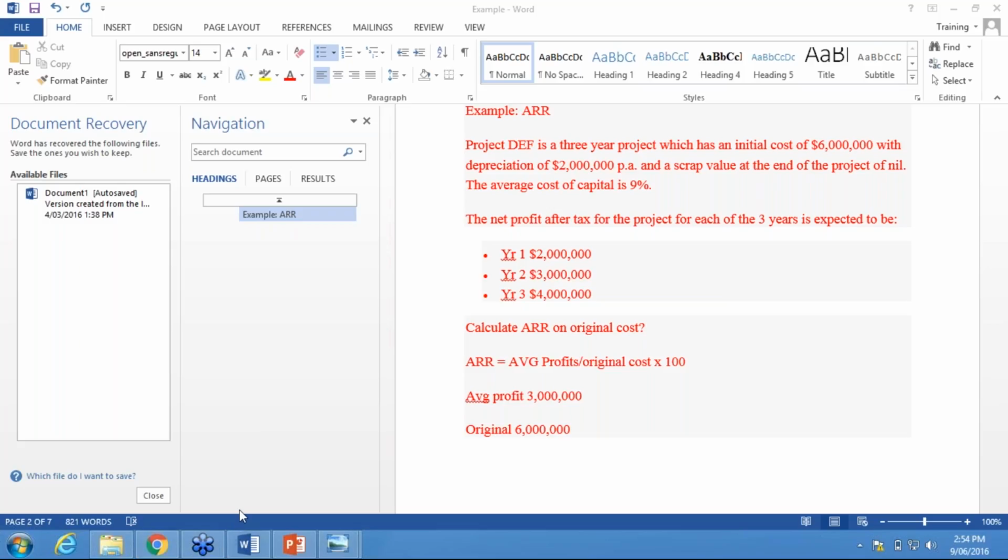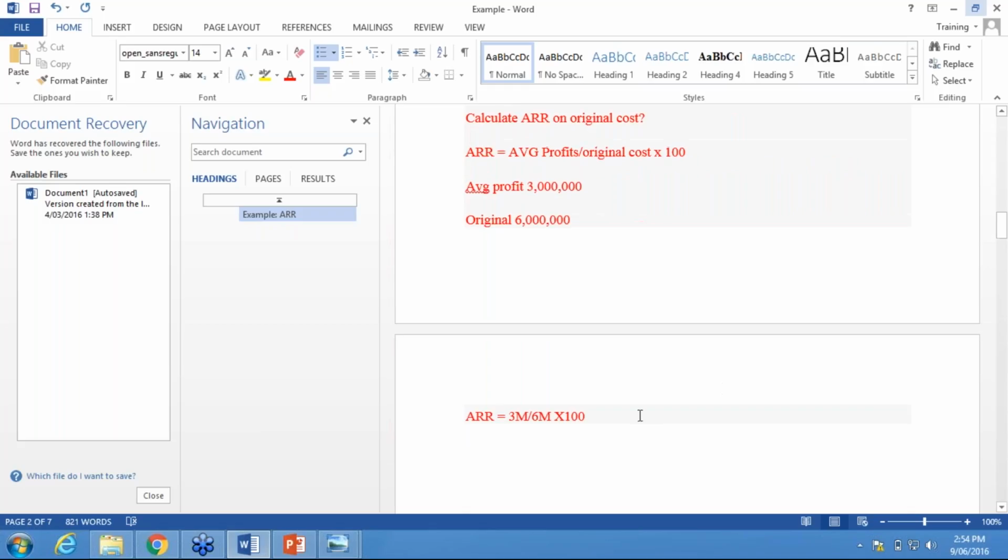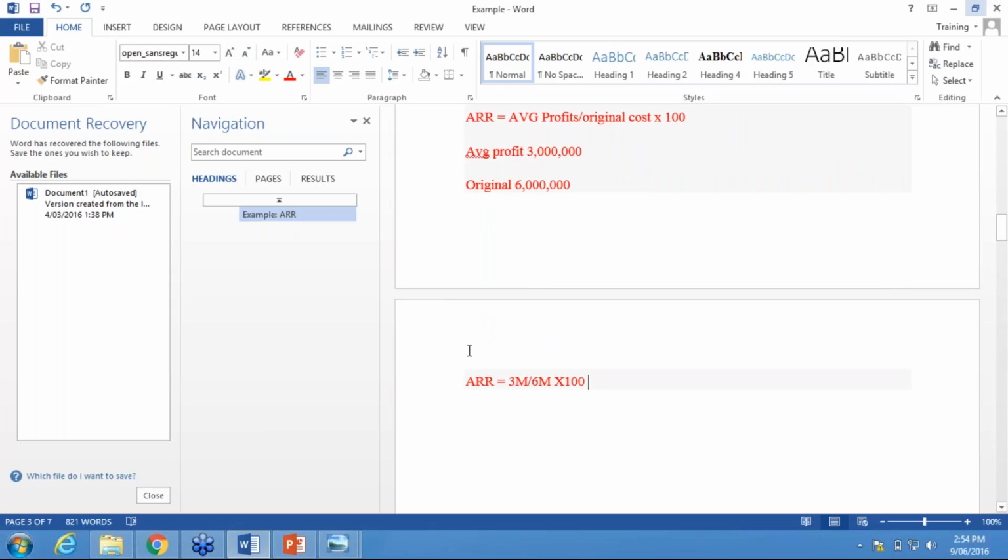Any questions so far regarding the ARR method? Otherwise, I will proceed further with payback. Yes, I haven't calculated this answer, but of course it will be 50%. 3 divided by 6 into 100. Any other question?